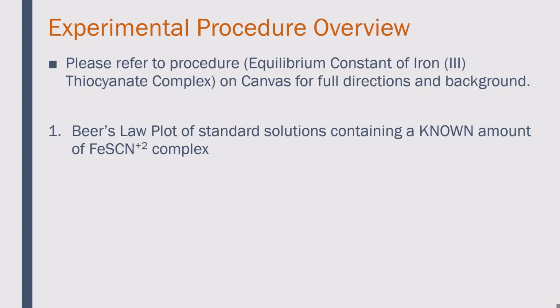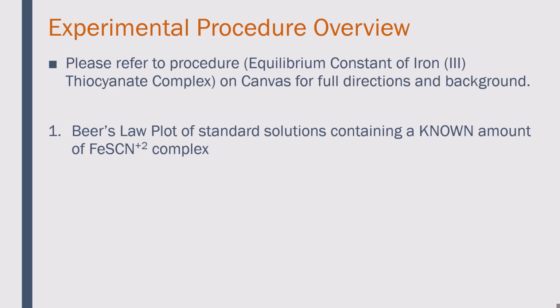So in the first part of the experiment, you would be given a Beer's law plot of standard solutions that contain a known amount of the iron thiocyanate 2+ complex. Those standard solutions were made by having a massive excess of the iron 3+ cation and then a very small amount of the thiocyanate 1- anion.